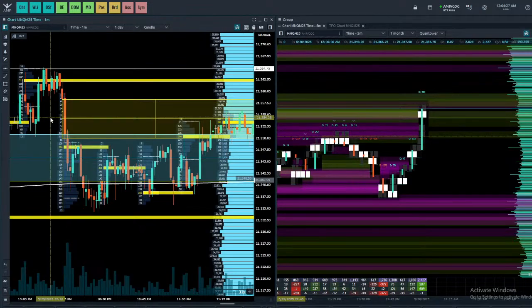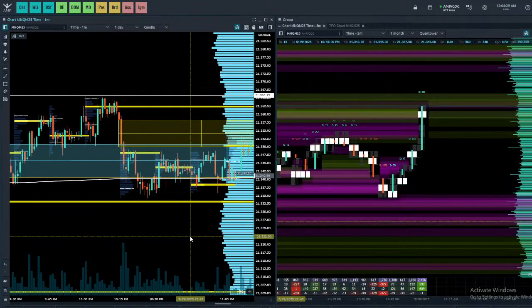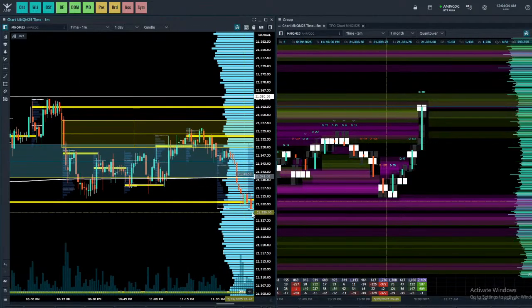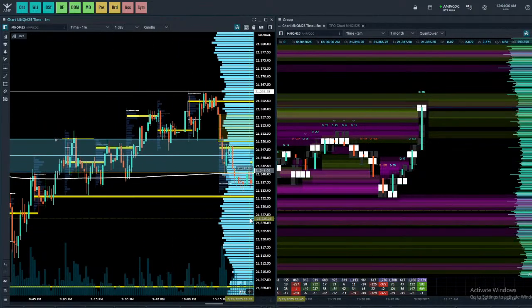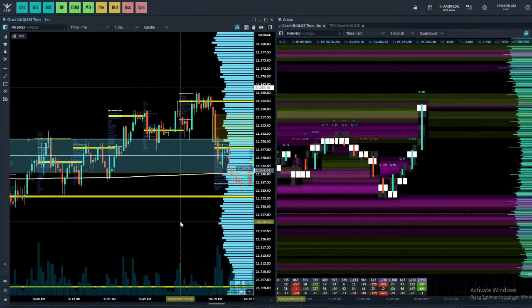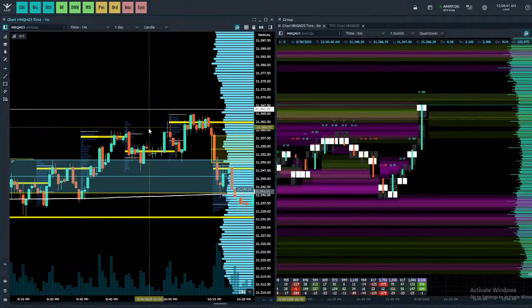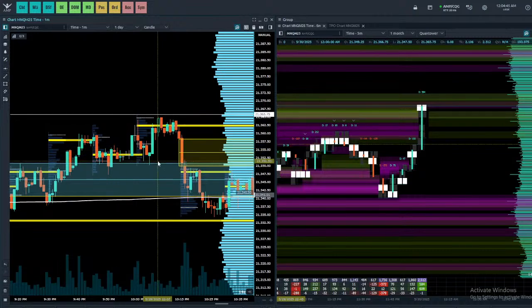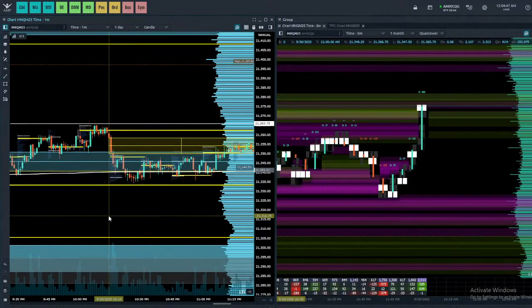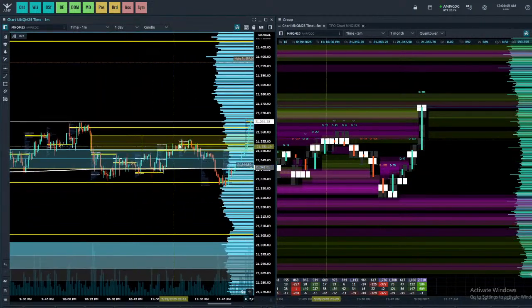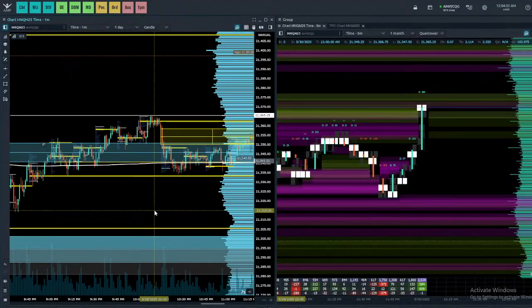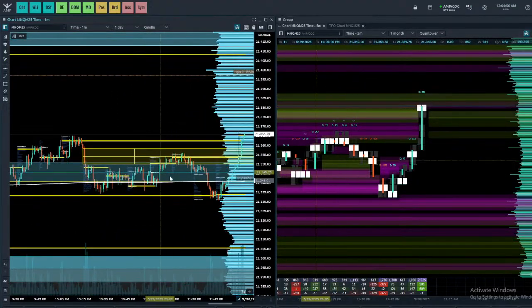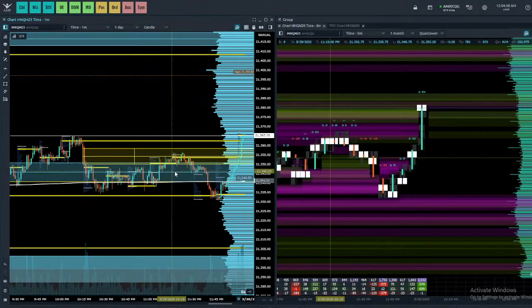So I mark out the fair value gap, the 50% retracement. Hold up. You said that was my AMD sweep. This 50% retracement was my AMD sweep.